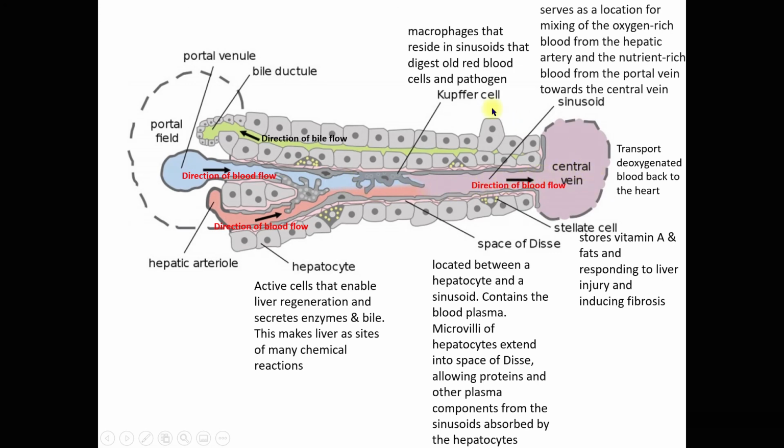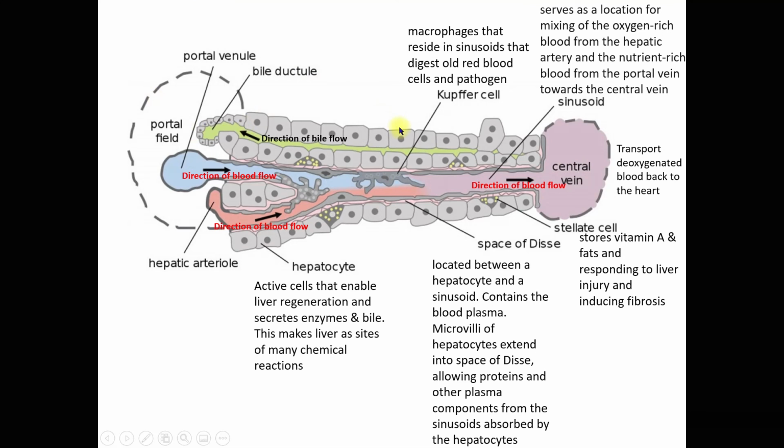And then we have this Kupffer cell, capital K. So this Kupffer cell is a macrophage that resides in the sinusoid and digests old red blood cells and pathogens. So this Kupffer cell is involved in the immune system as well. It plays a role there because it digests pathogens.